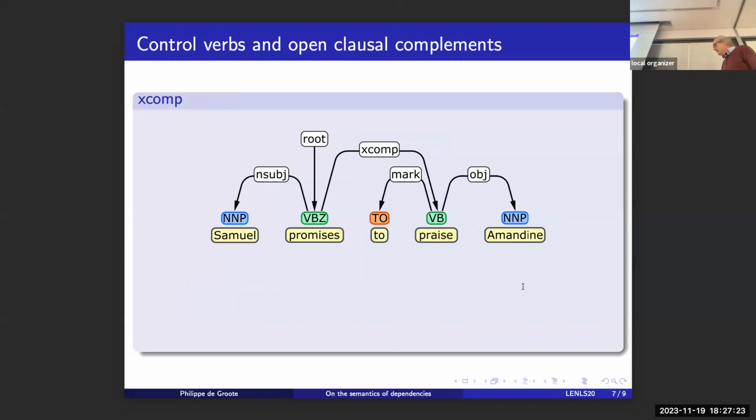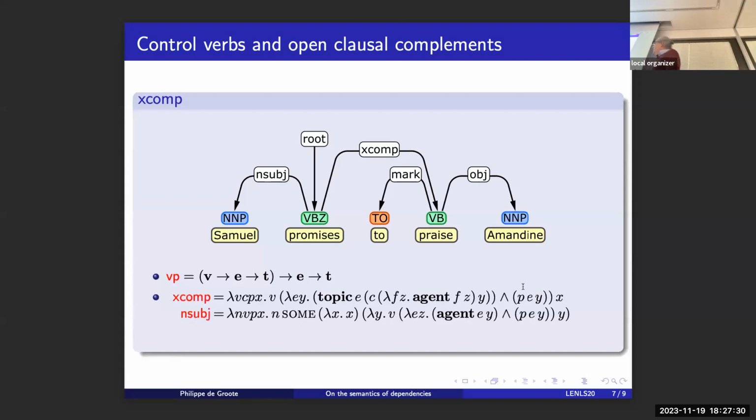So without entering into the technicalities, the solution here is to change the type of the verb phrase and to type raise not just events but pairs, to type raise events not only on T but on E or T. And with this solution, we obtain lambda terms that would be too long maybe to explain, but they do the job.